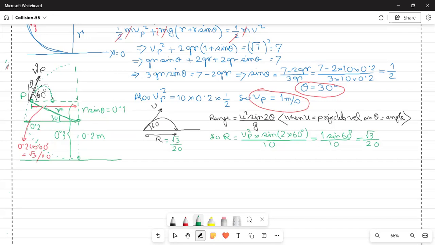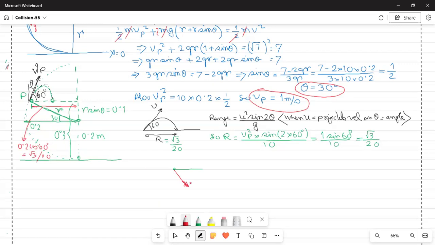It just covers halfway through. Now, when it comes here, once again, at this point, the projectile falls, we know from the kinematics, with the same velocity Vp.